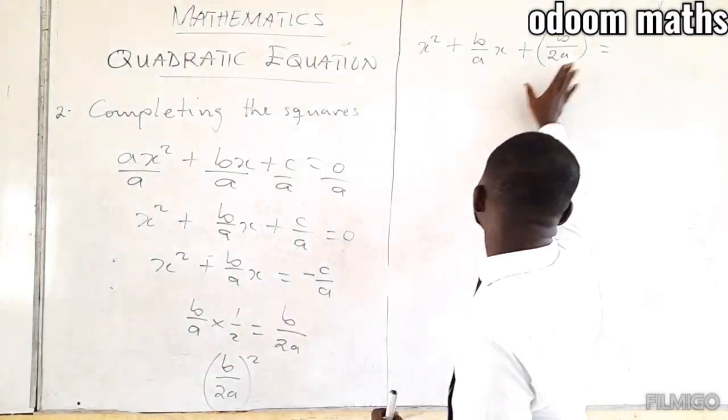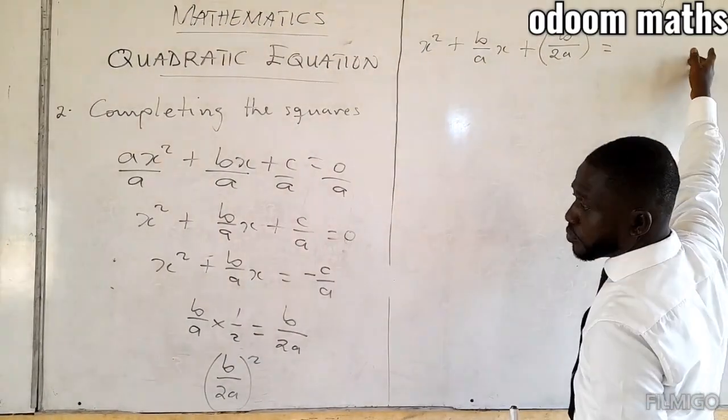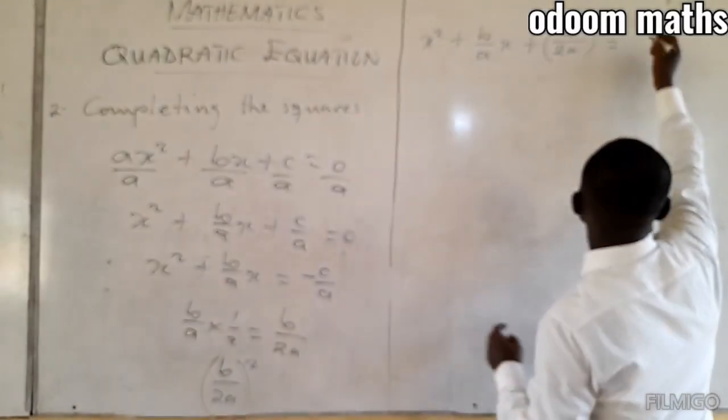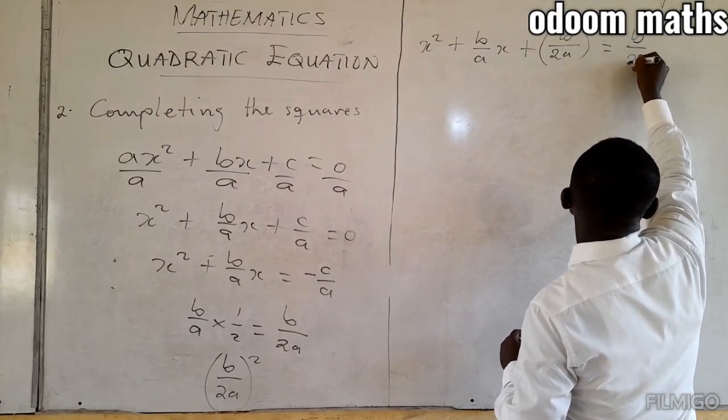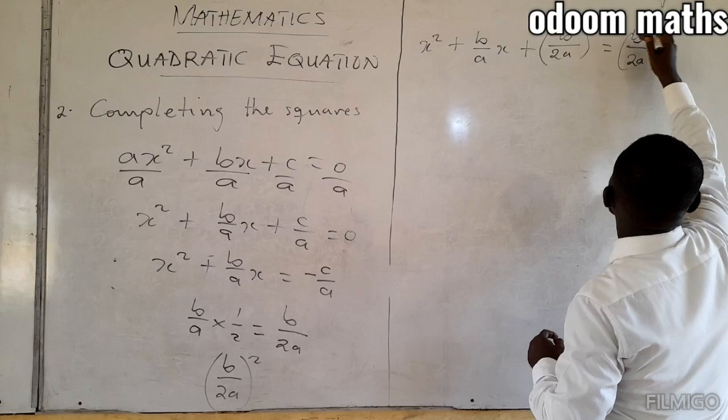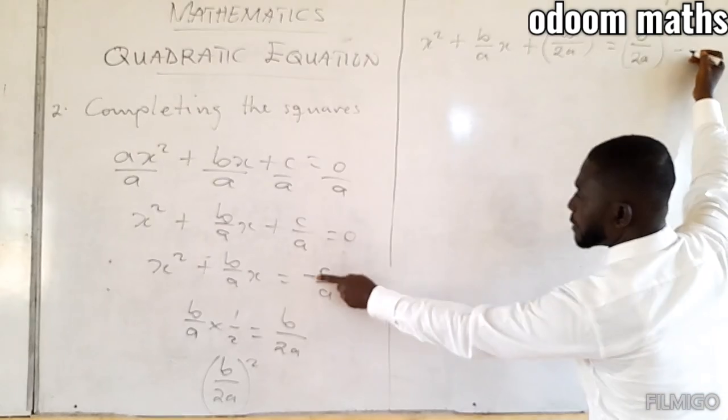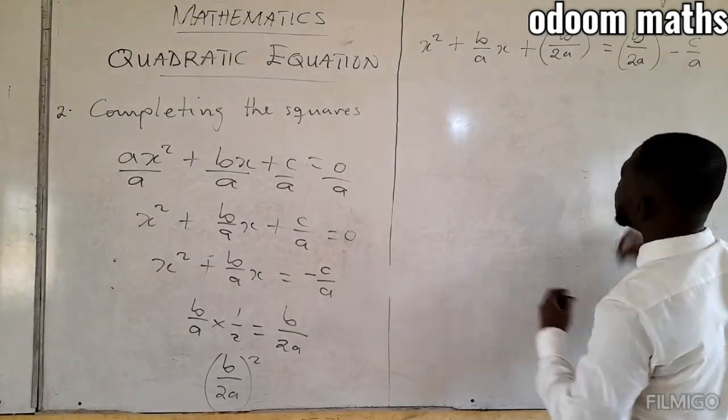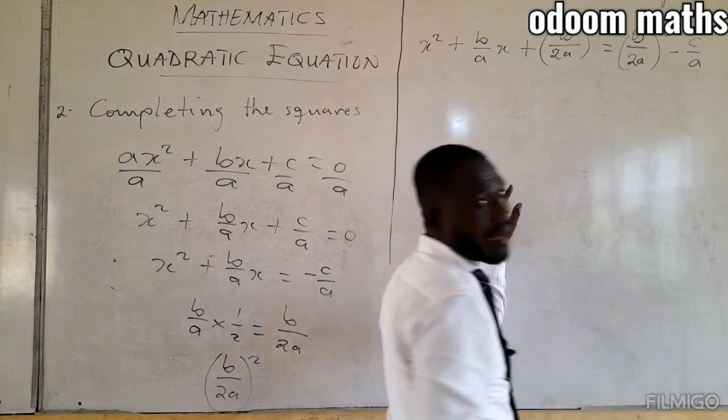I've added it to this side, and I am going to do the same to this side too. So b over 2a all squared, then minus c over a. Okay, so this is what I have now.